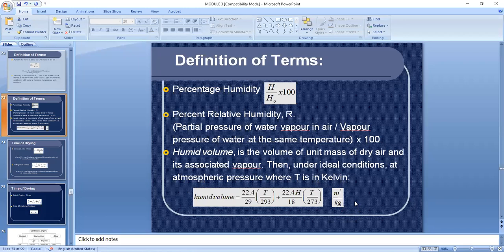As you can see, the units of the humid volume tell you that it is just the reciprocal of the density of your dry air and water vapor mixture. So you have cubic meter per kilogram, given that this T should be in Kelvin. So this would be the resulting unit for your humid volume.